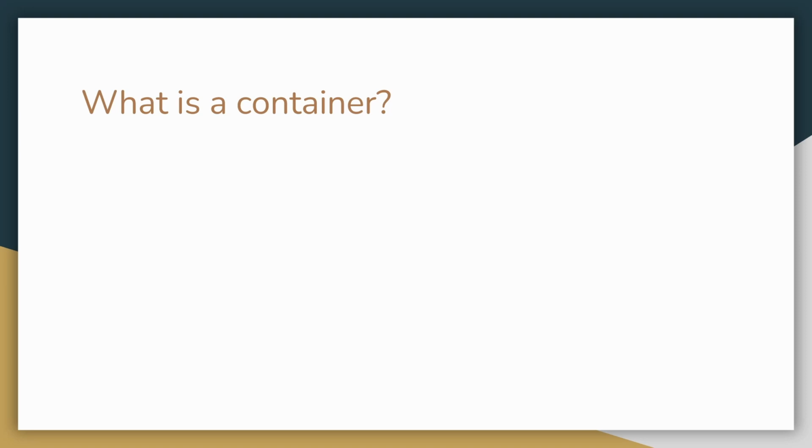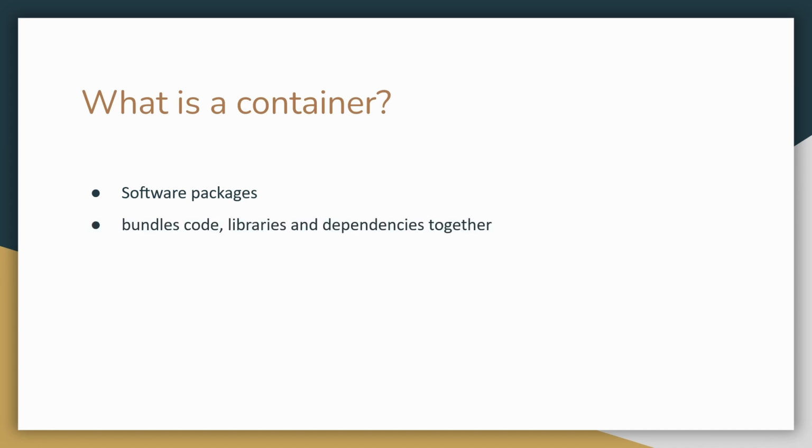The first question we need to ask ourselves is, what is a container? A container is, as I said, basically a software package. You can bundle a lot of code, libraries and dependencies together, and you can create this container. And this container contains all the necessary runtime resources.